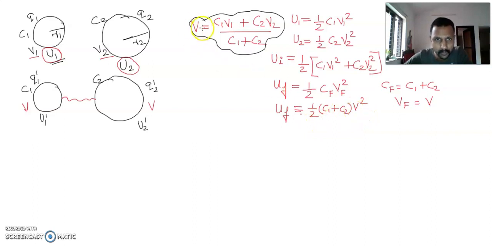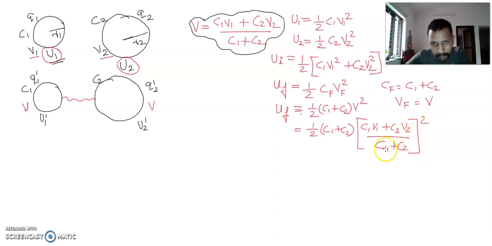What's V? As we know, V is (C1 V1 plus C2 V2) divided by (C1 plus C2). Therefore, I am rewriting the final potential energy expression with C1 plus C2 retained as such, and V square meaning this term square, that is (C1 V1 plus C2 V2) divided by (C1 plus C2), the whole square.